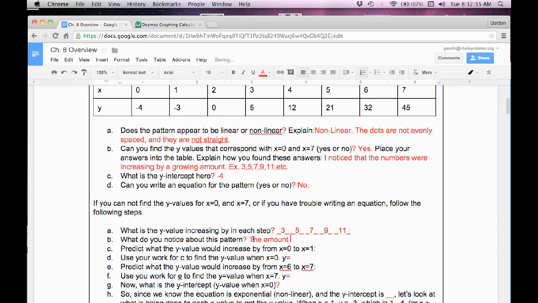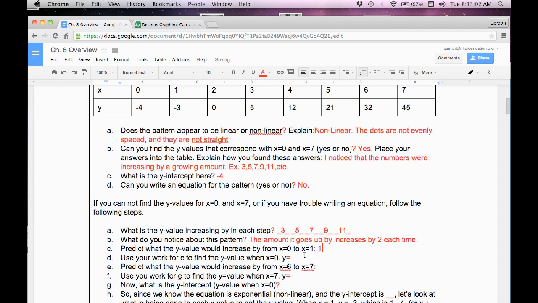The amount it goes up by increases by 2 each time. All right, 3, then 5, then 7, then 9, then 11. Predict what the y value would increase by from x equals 0 to x equals 1. Well, if this was 3 from here to here, from 1 to 2, then this would have to be 1.